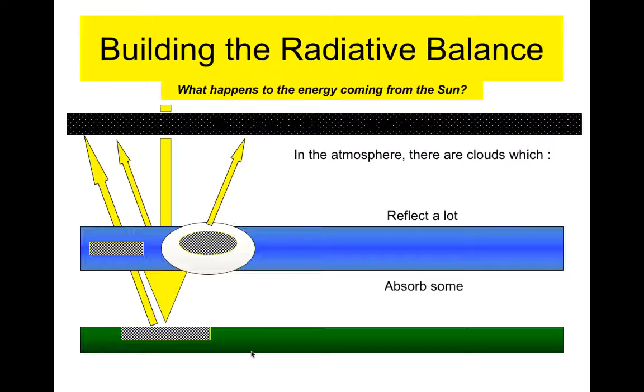So we see that for this energy that comes from the sun, there are two basic things that can happen to it, absorption and reflection, but we see that the absorption of energy can occur at the surface, in the atmosphere, with clouds, and so you start to see the complexity that evolves within the Earth system.